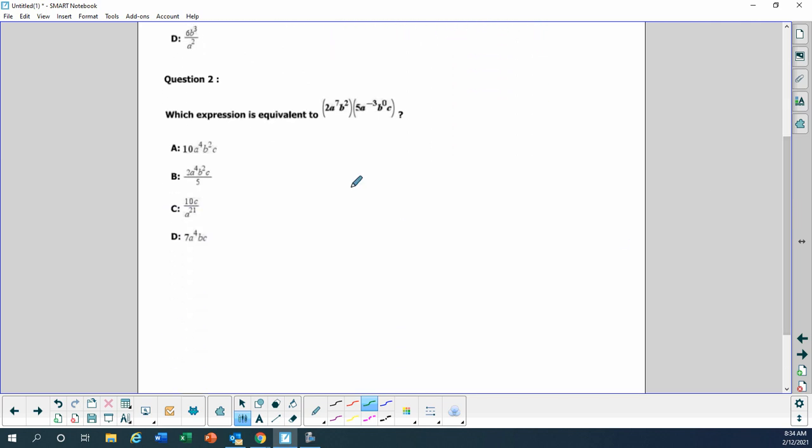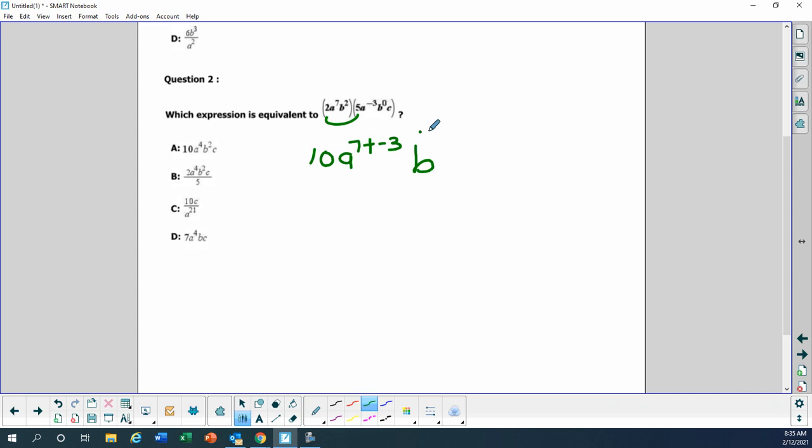All right, number 2 is multiplication. When we multiply, we add the exponents. The numbers can be multiplied, so 2 times 5 is 10. But for a to the power of 7 and a to the power of negative 3, I'm adding positive 7 plus negative 3.